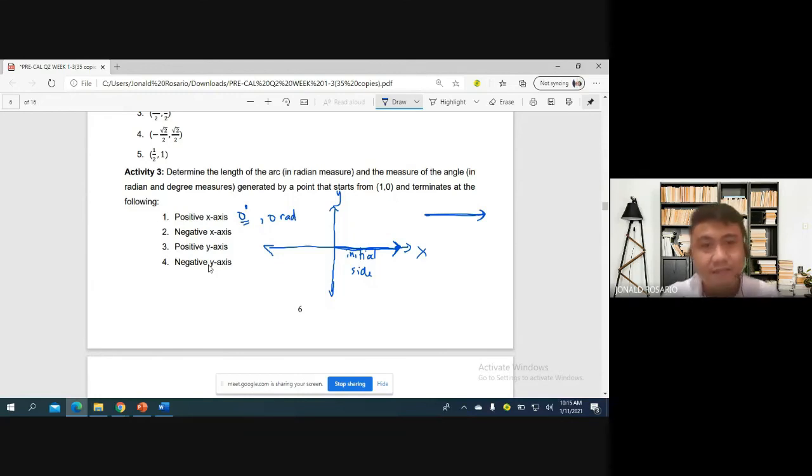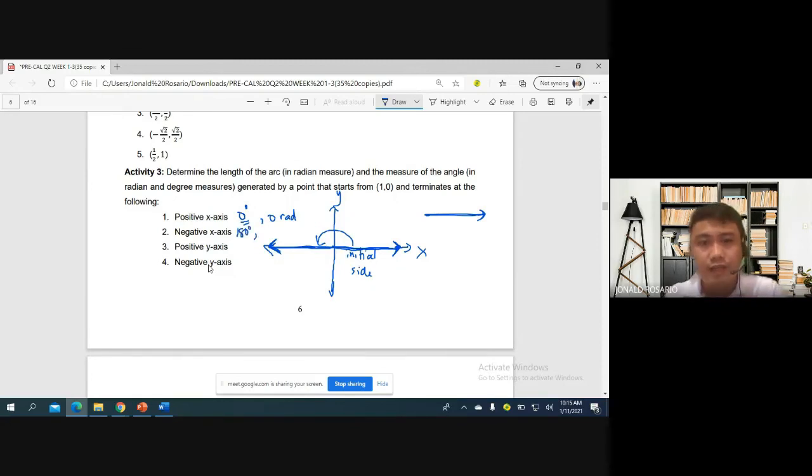Sir, paano po yung pangalawa? Ang terminal side po niya ay negative x-axis. Parating ito yung initial side natin. On the second one, ang terminal side niya ay negative x-axis. Ito yung ating terminal side. Ilang degrees yan? 180. Very good. Kalahati ng 360, kalahating ikot.